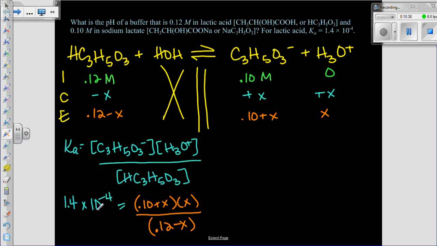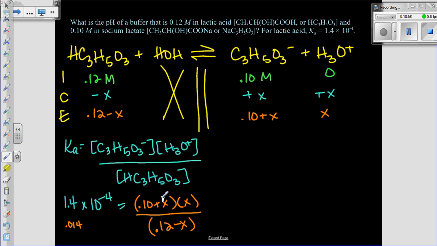Okay, if I take Ka times 100, I will get 0.014, which is 1.4 times 10 to the negative 2. That number is less than our initial concentration, so it's okay if I approximate.